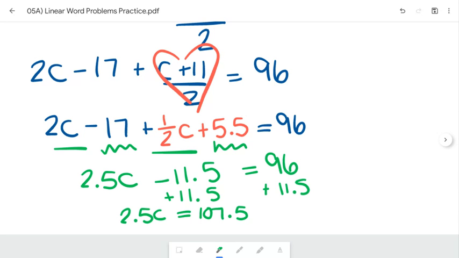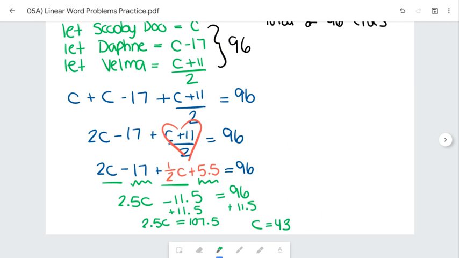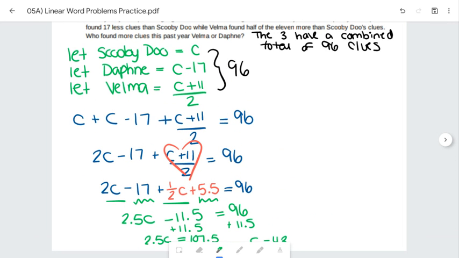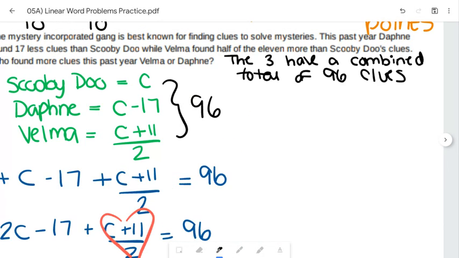And then when we have 107.5 divided by 2.5, we end up with the nice number of 43. Bear with me, I was just getting to the bottom there. But we know Scooby-Doo had 43 clues.